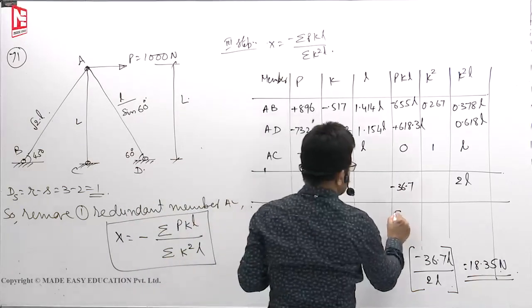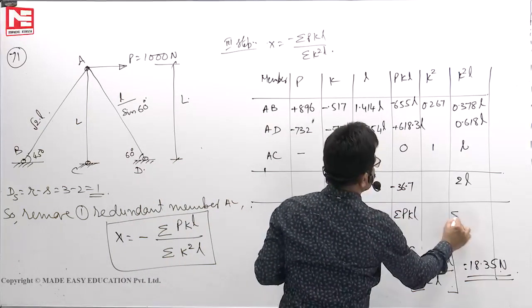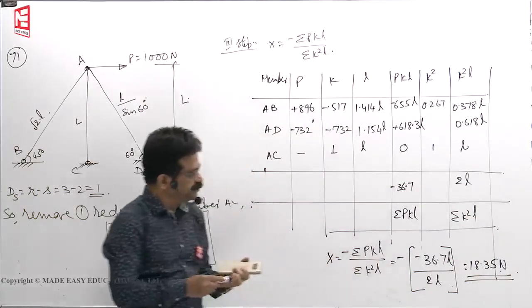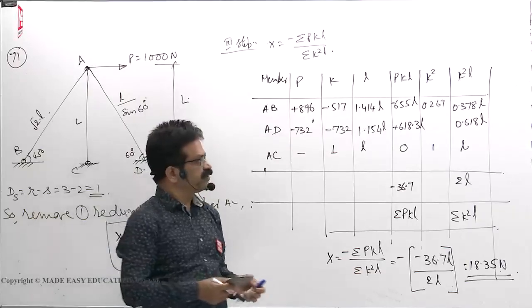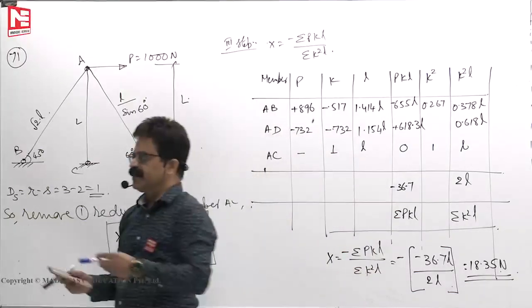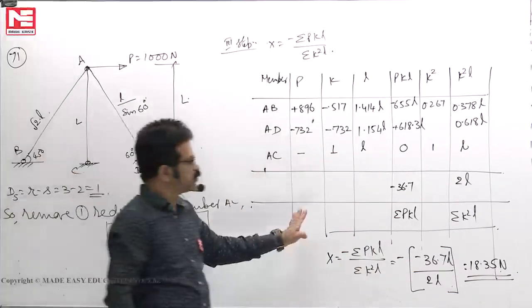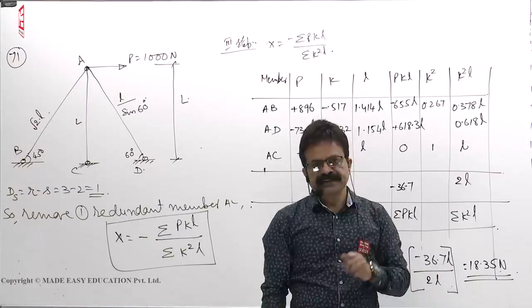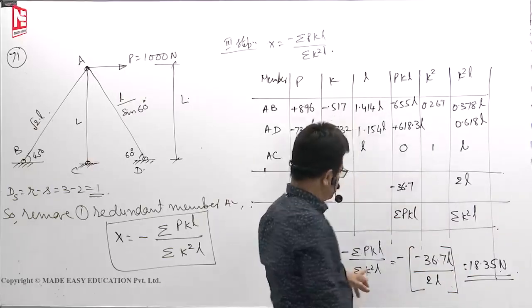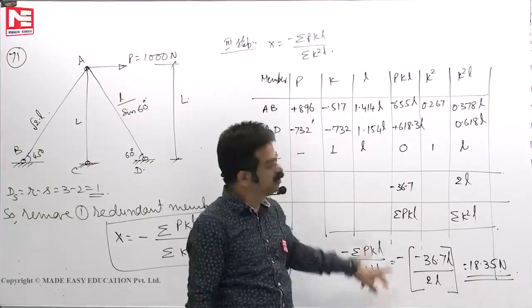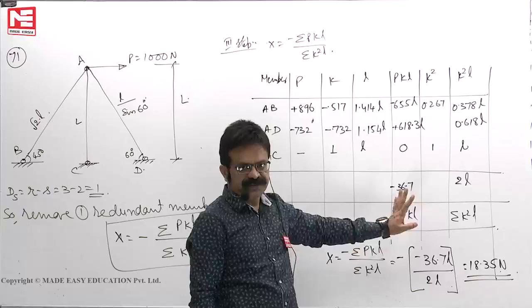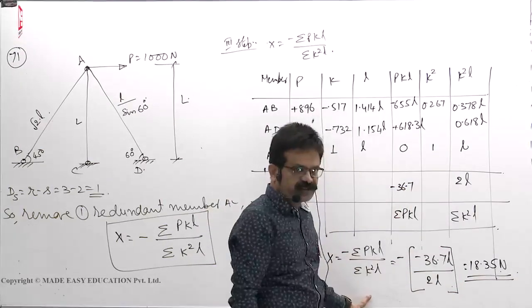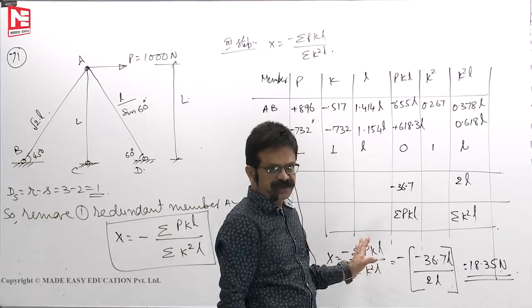So this quantity is sigma PKL, this is sigma K square L. Okay, so 18.35 Newton. Because of the time it is taking, it cannot be a 2 marks question, it is a 10 marks question or 20 marks question. But because in the prelims classes I didn't give you the derivation of this formula, this question you can neglect. After prelims are over, then you can see this question, but not before.